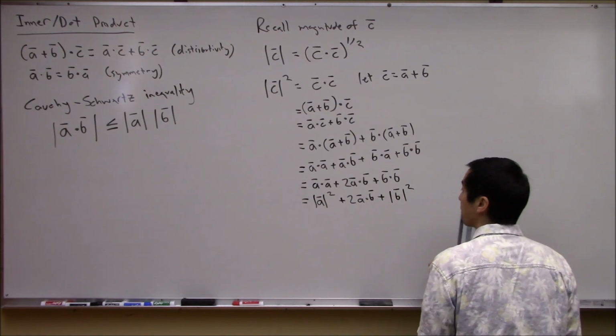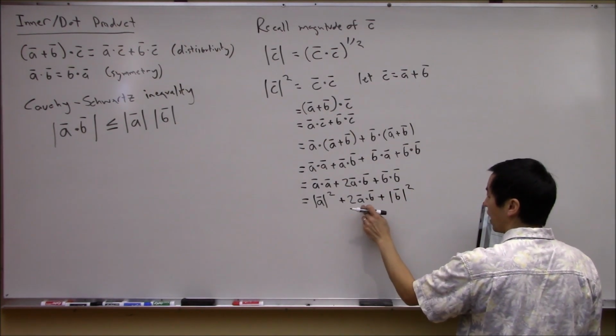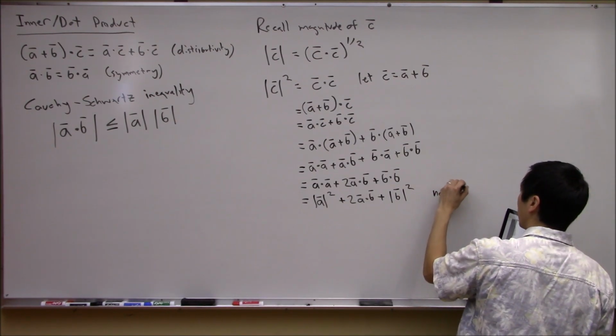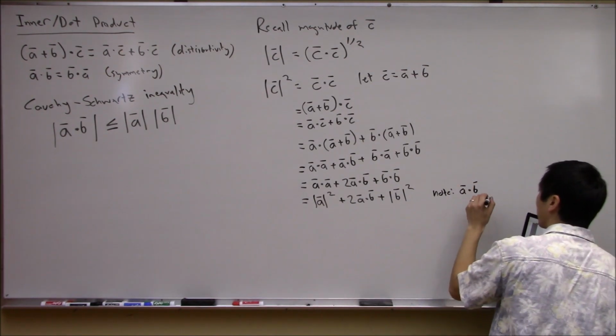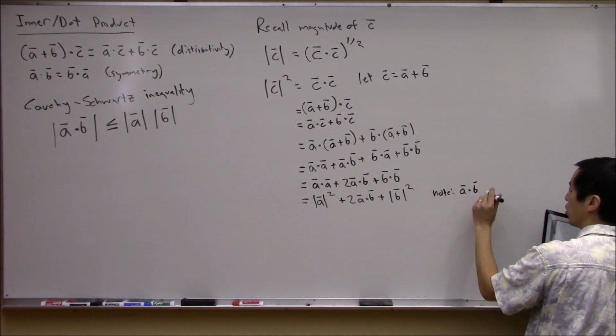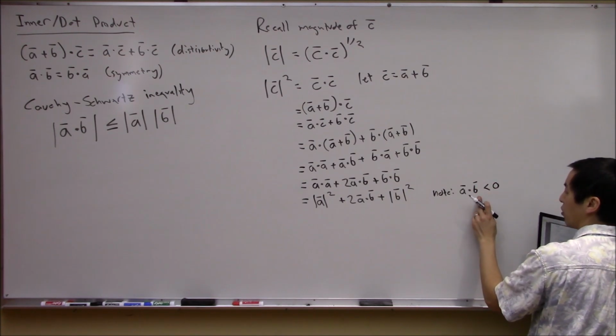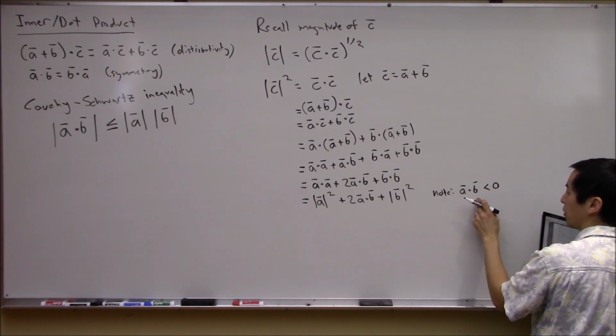Now let's look at this thing, A dotted B. Maybe we should make a little side note. A dotted with B can be negative. This has nothing to do with positive definiteness, because it's A and B, two separate vectors. It's very easy to come up with an example.